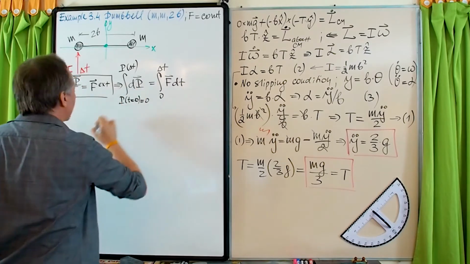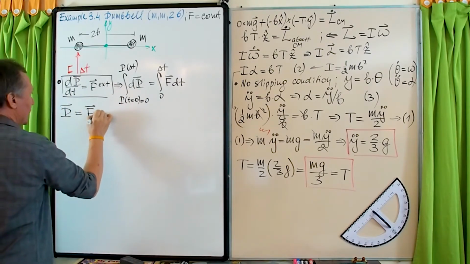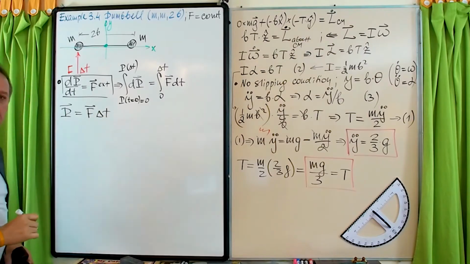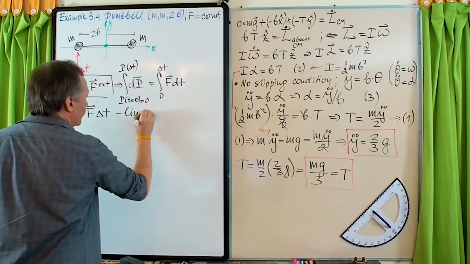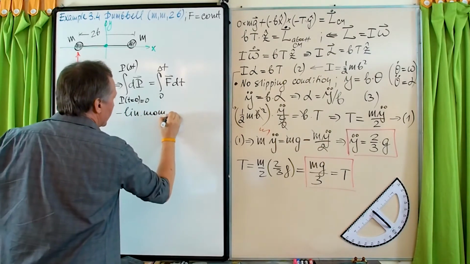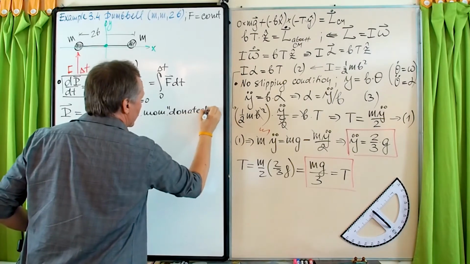Why did I drop the vector? It's important. So F delta t. That's the amount of linear momentum donated to the system.